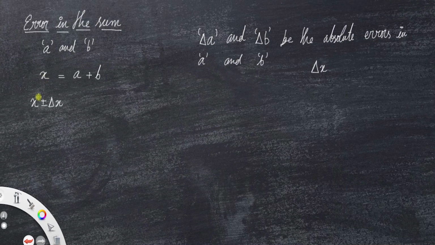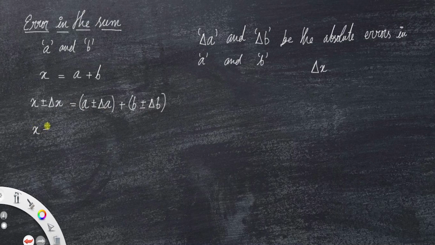So we represent x including the error as x plus or minus delta x, which is equal to a plus or minus delta a, that is the absolute error in a, plus b plus or minus delta b. We can put that in brackets because we represented a including the absolute error. Similarly, b also.